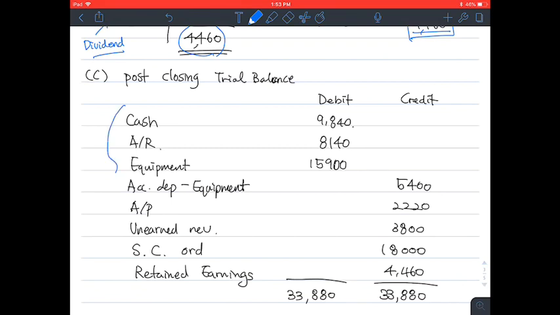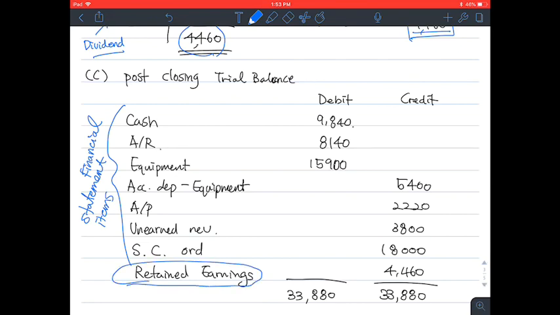So these are all financial statement items. There is no revenue or expense or dividends, because revenue, dividends, and expenses are all accumulated in the retained earnings, right?